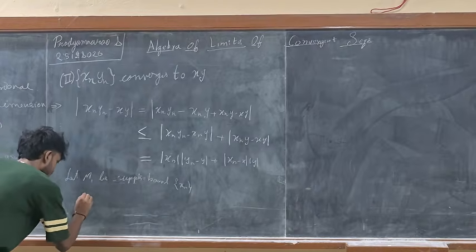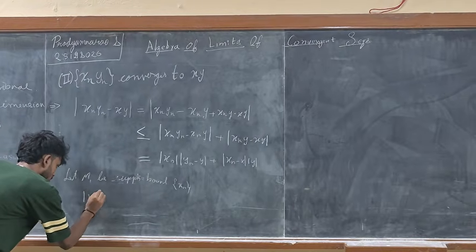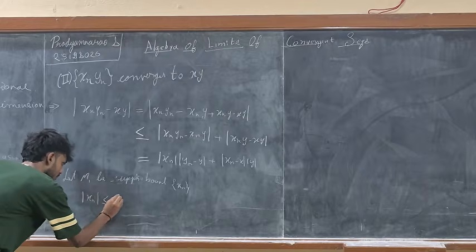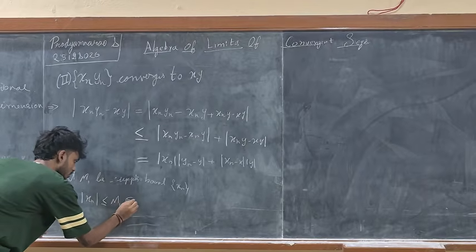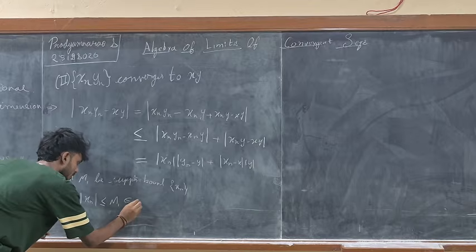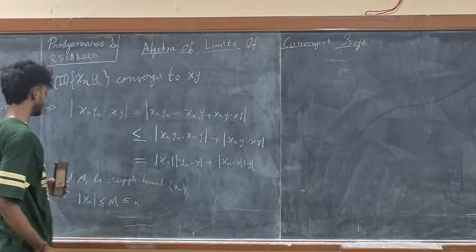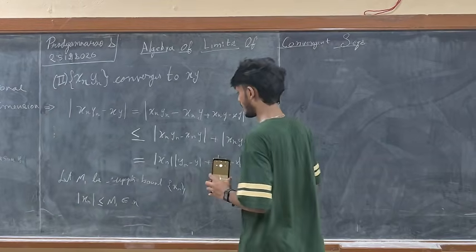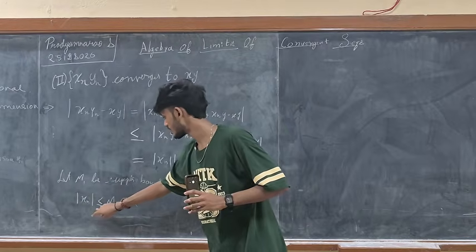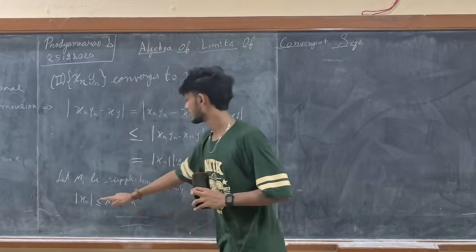So what we can write is the modulus of xn is less than or equal to M1 for all n. Now that we have the modulus of xn less than or equal to M1, we can put this in this equation.